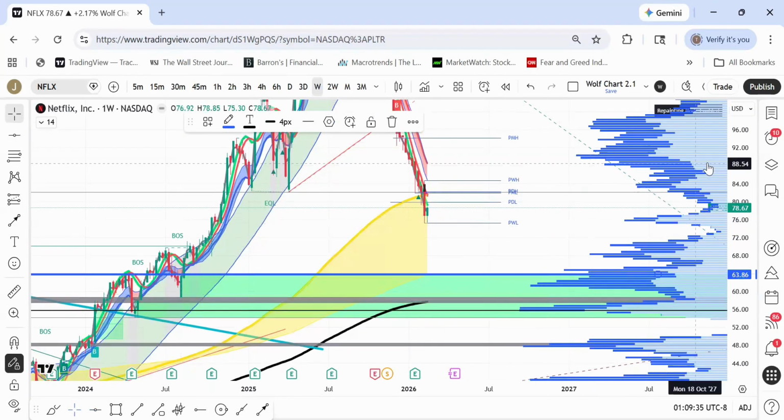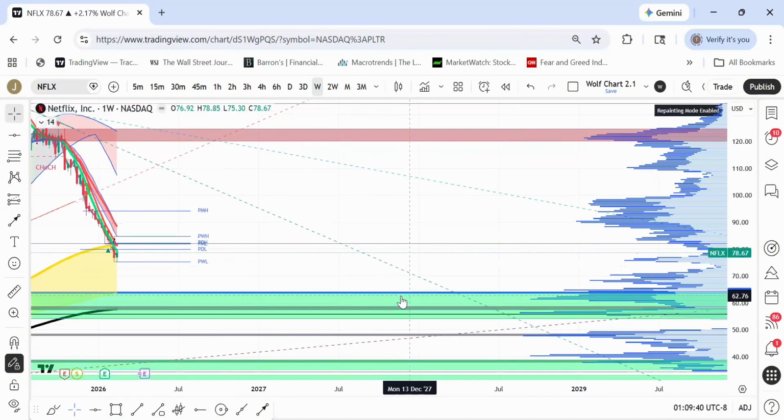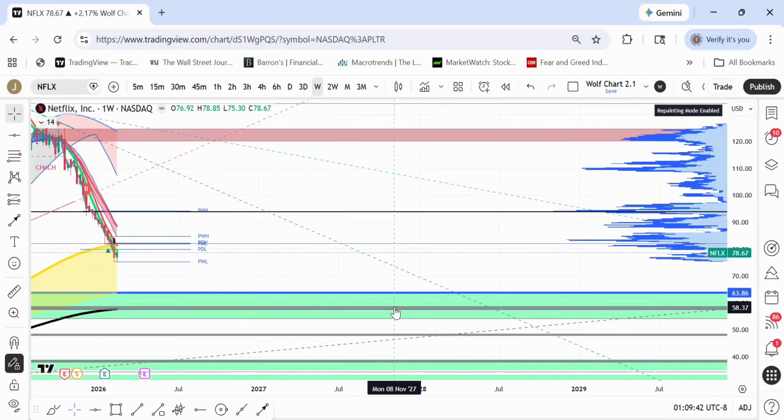We can see, even if we look at the VRVP, if we lose this level, currently right here, we're actually in like a no node area. But if we lose this node level at $76, we can come all the way down to $63.